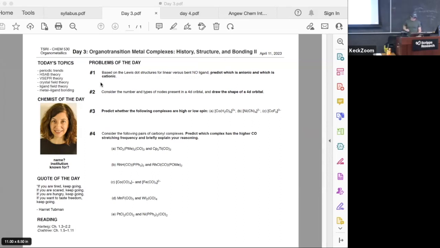Okay, so part A, what do you think there? Zijun, do you prefer Annabelle or Zijun? Annabelle. Okay, Annabelle, what do you think? So the first complex is a titanium 4 species.